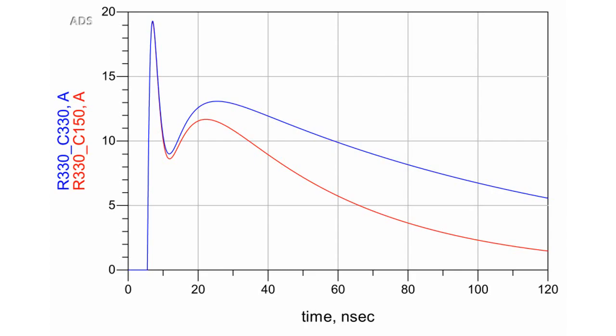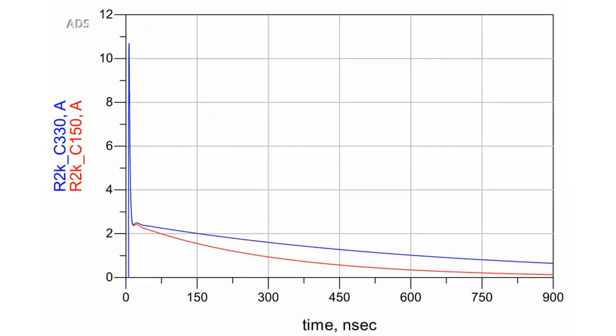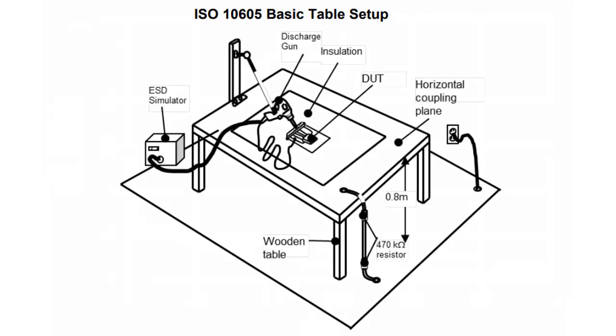Since IEC 61000-4-2 has a lower capacitance of 150 pF and 330 Ω, ISO 10605 at 330 pF and 330 Ω has a longer period of energy dissipation. Because of this, the stress on the device and change in temperature in ISO 10605 is significantly higher than IEC 61000-4-2, making it a more intensive test.